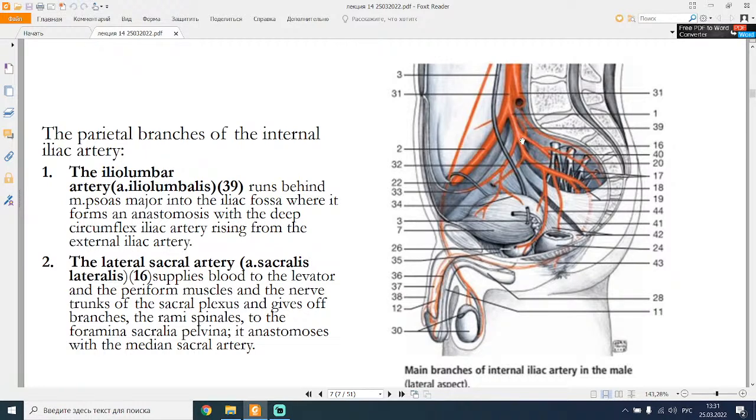Arteria iliolumbalis. Next artery, arteria sacralis lateralis.